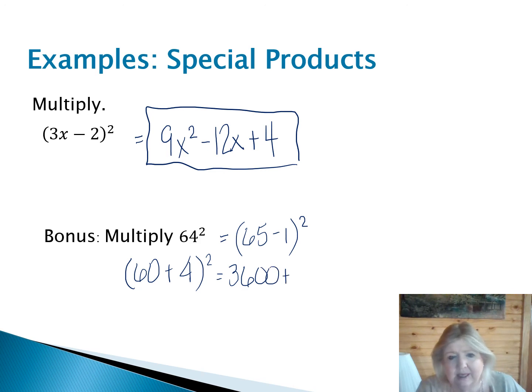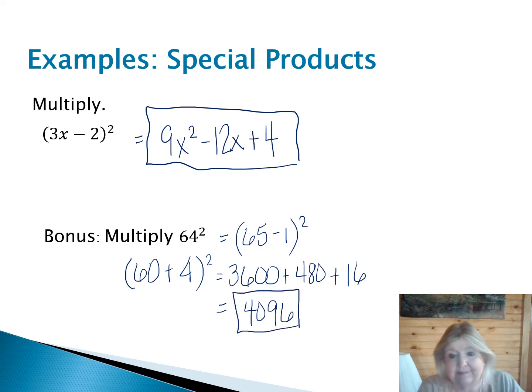Plus 60 times 4 is 240. Double it, that's 480. Plus 4 squared is 16. So 3,600 plus 480 is 4,080. Plus 16 is 4,096. Not so bad. Good luck with it.